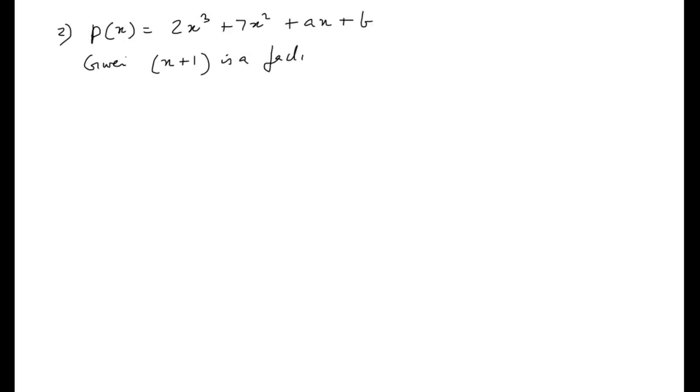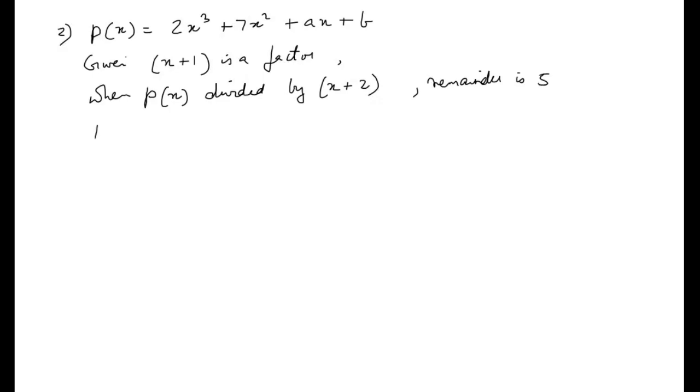So when they say x plus 1 is a factor, it means that the remainder is 0. And then when P of x is divided by x plus 2, the remainder is 5. Find a and b.